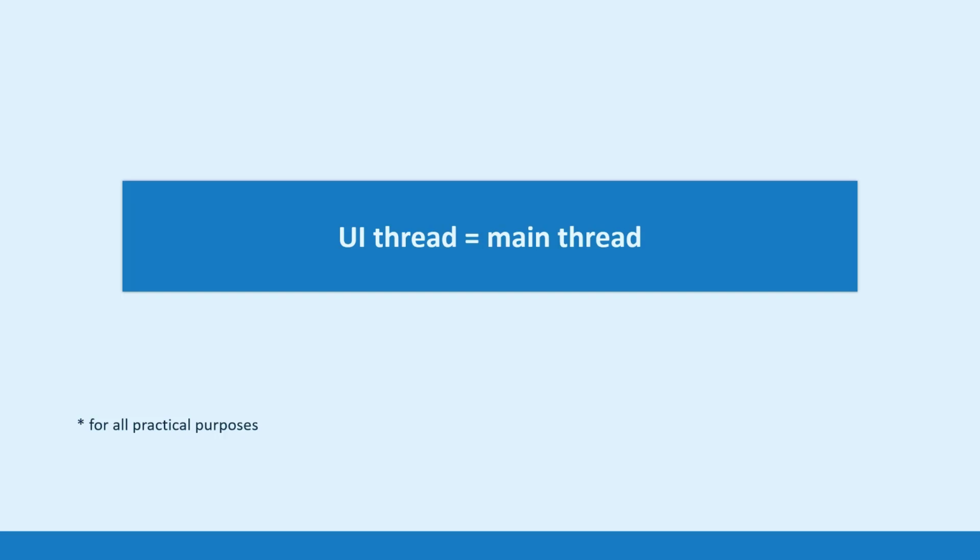If you do want to understand the difference between UI thread and main thread, then I will link to my answer on Stack Overflow that describes that difference. However, maybe it's not the best idea to read it right now, because it's kind of irrelevant and very low level. So maybe a better idea will be to complete the course first and then get back to this answer if you are still interested in it.